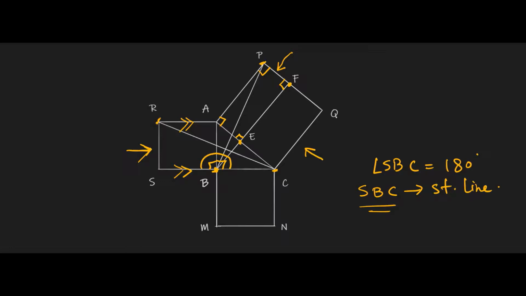Now because PAEF is a rectangle, we know the opposite sides of the rectangle are also parallel to each other. And so AP is parallel to EF. But we know BEF is a straight line. So AP is also parallel to BEF. Okay?